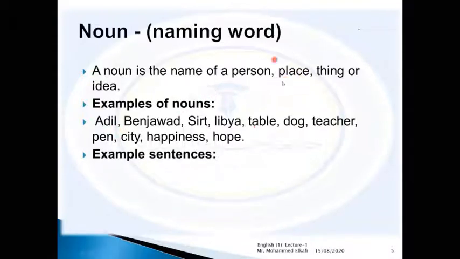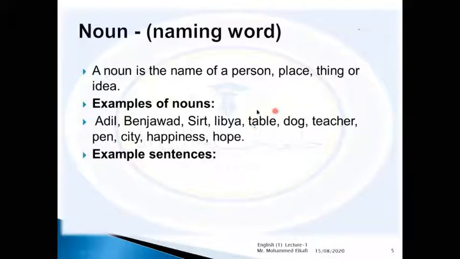For place, we can say, for example, Bin Jawad, Sirte, Libya. Name of place also can be university, school. Thing, like what?